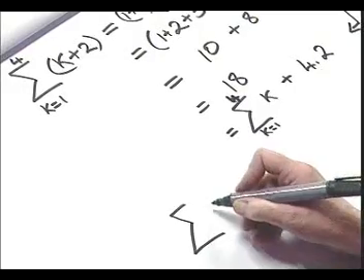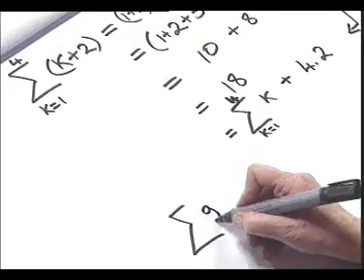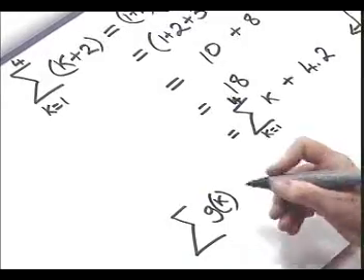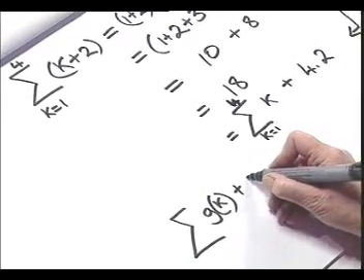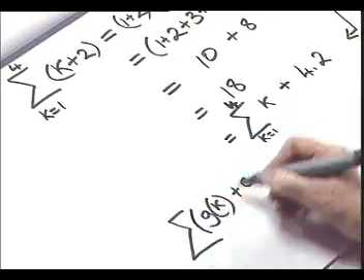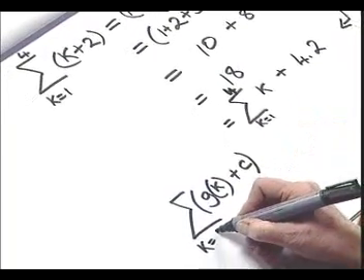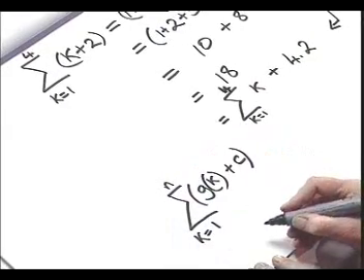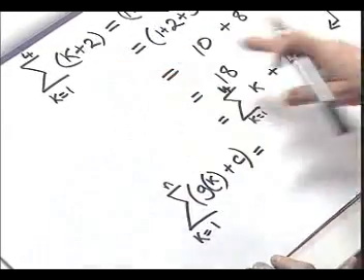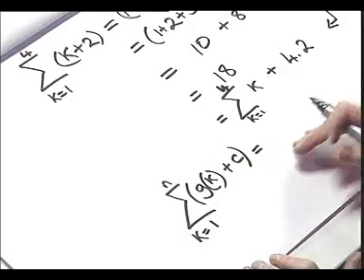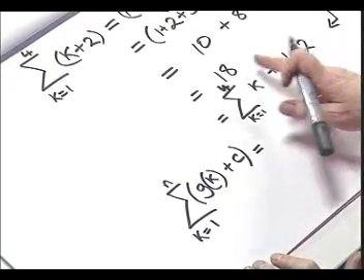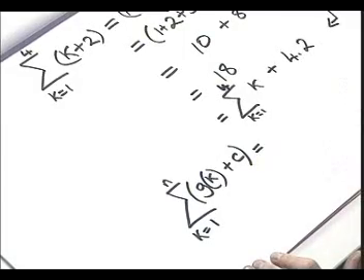So we can generalize this result. If we had sigma of g of k, a function of k, plus a constant c as our variable, and we want to take k from 1 to n, we can use the pattern that we spotted here to write this out using sigma notation plus some other value.